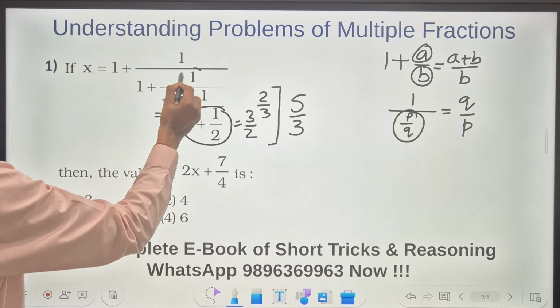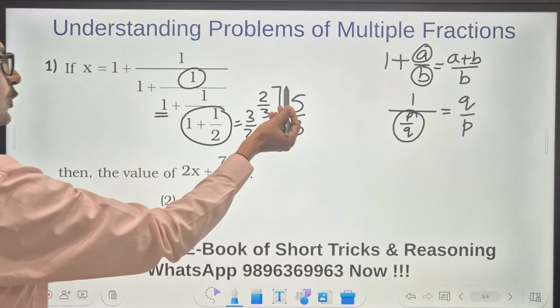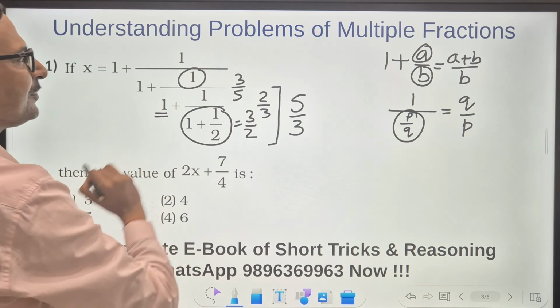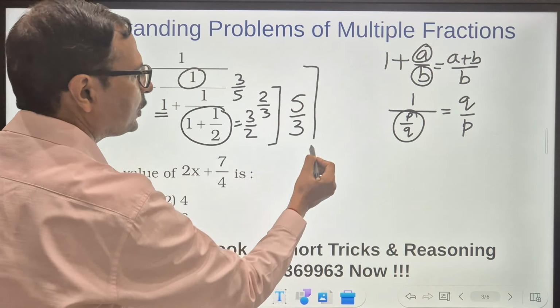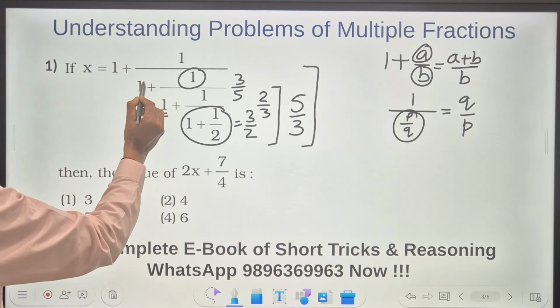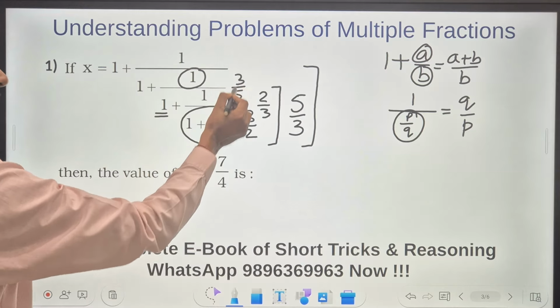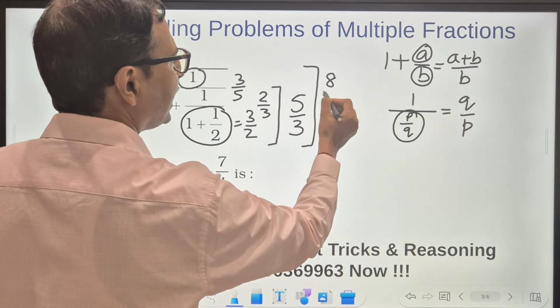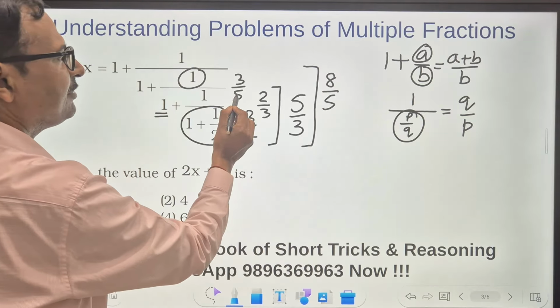And now there is a 1 upon, so you have to flip 5 by 3, so you will get 3 by 5. And now if you solve up to here, then there is 1 plus 3 by 5. Again you have to add the numerator and denominator, so 3 plus 5 is 8, and the denominator remains the same, 5.